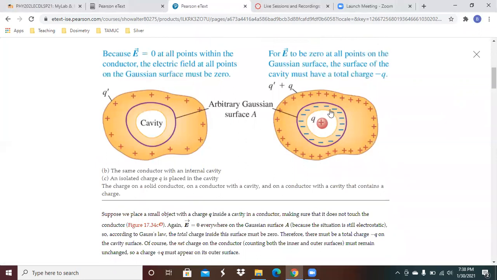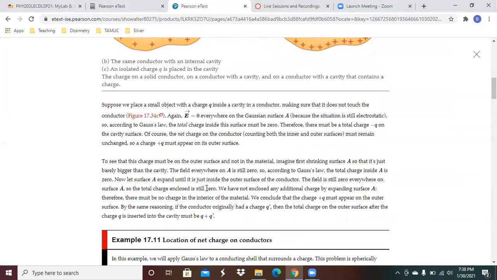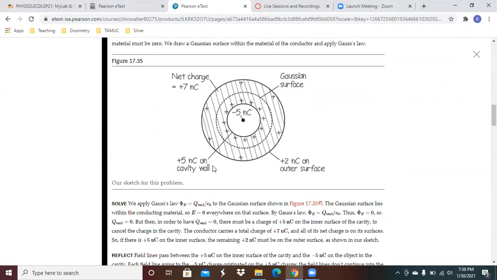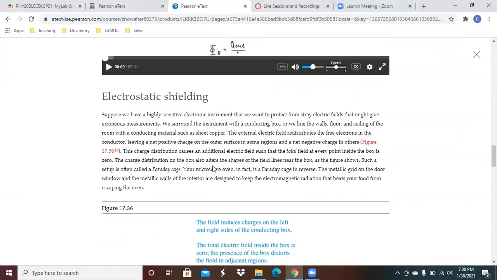And once you have that development of minus Q here, you've got to keep the charge all the same. So the outside here, in order to counterbalance that, to keep the entire charge Q for the conductor constant, you have to add another positive Q out here.